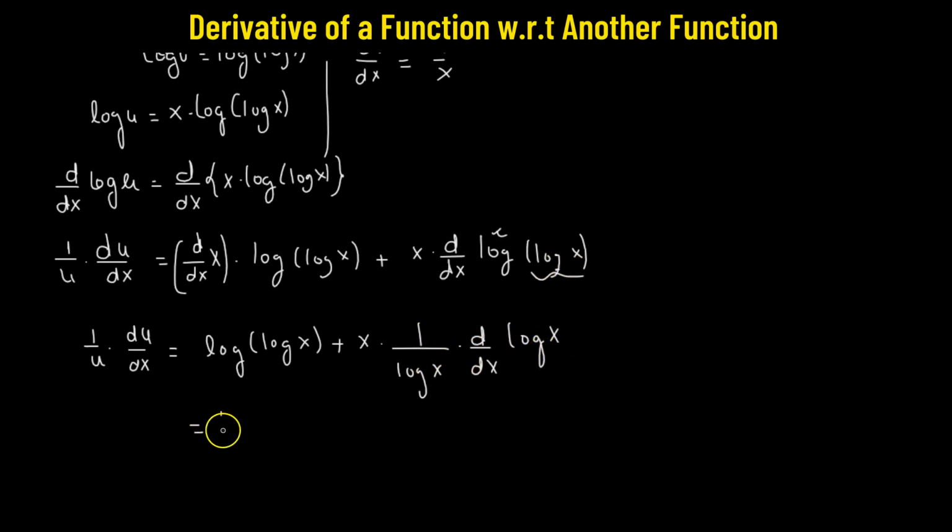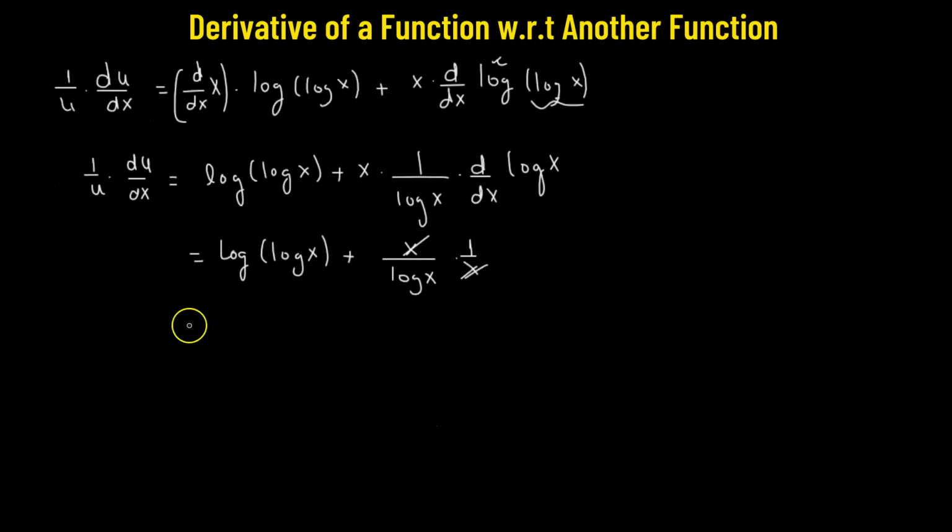So this will give us log log x plus x divided by log x multiplied by the derivative of log x, which is 1 over x. This x and this x cancel out, and this gives us 1 over u times the derivative of u with respect to x equals log log x plus 1 over log x.